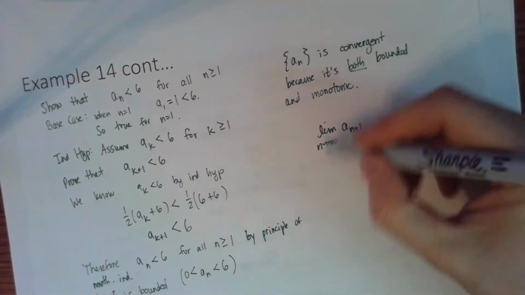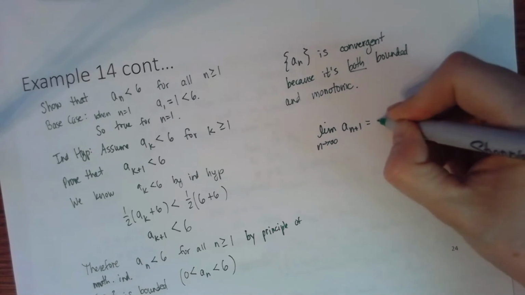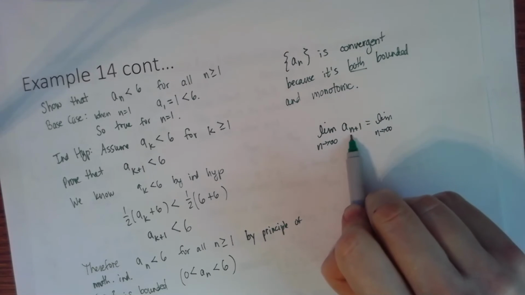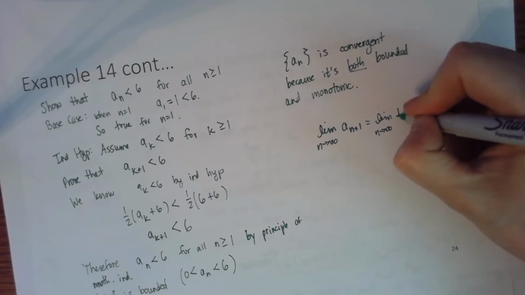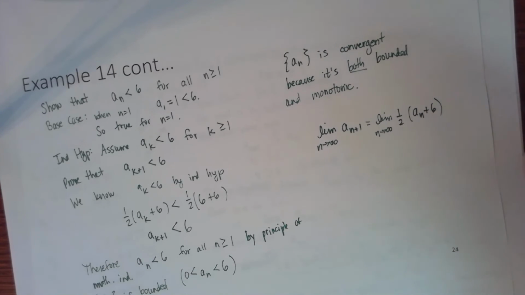The limit as n approaches infinity of a sub n plus 1 is the same as the limit as n approaches infinity of 1/2 of a sub n plus 6.